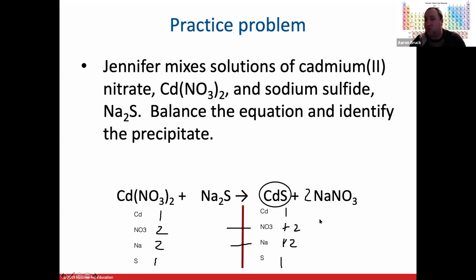Now, I could also look at it by process of elimination. Sodium compounds and nitrate compounds both are in the always soluble list. So sodium nitrate was going to be soluble in water regardless. Our solubility table also tells us that the cadmium sulfide should precipitate, which it does.